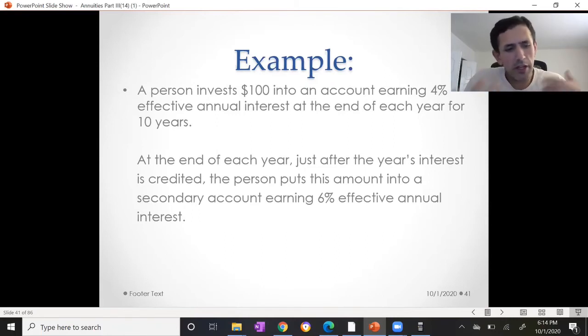Because you might think, well, I don't really need the interest, so I might want to put it in a secondary account. And you might be saying, well, why wouldn't you just put all the money into a secondary account if it earns 6% effective annual interest?